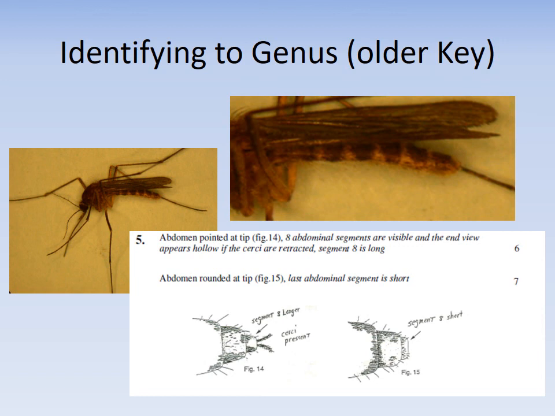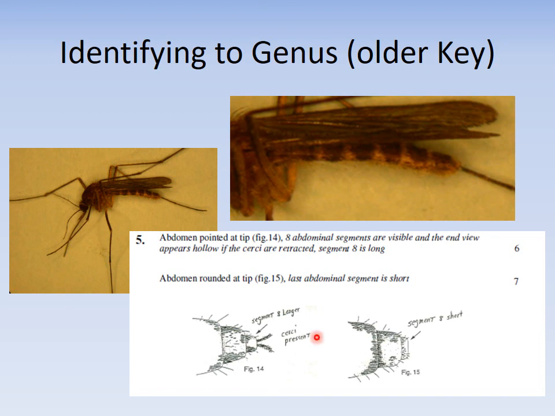Some of the older keys have had some characteristics that weren't talked about, but they are associated with this particular mosquito. The first one to talk about, and this couplet that we're looking at is an older couplet, I believe the Slaff and Apperson with the notes of Dr. Harrison, is talking about the tip of the abdomen being rounded or pointed.